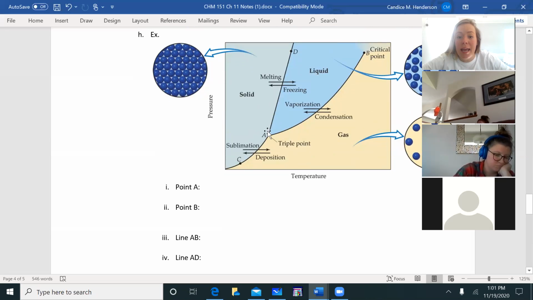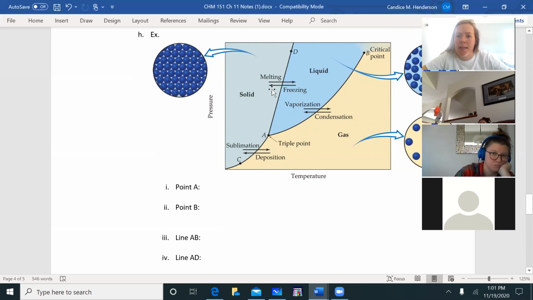If we're on line A to B, so this right here, our vapor curve, this is where we would expect to find both liquid and gas, right? Because right along this line, we're phase changing, and those two would be in equilibrium. Along A and D here, we would expect to find solid and liquid.